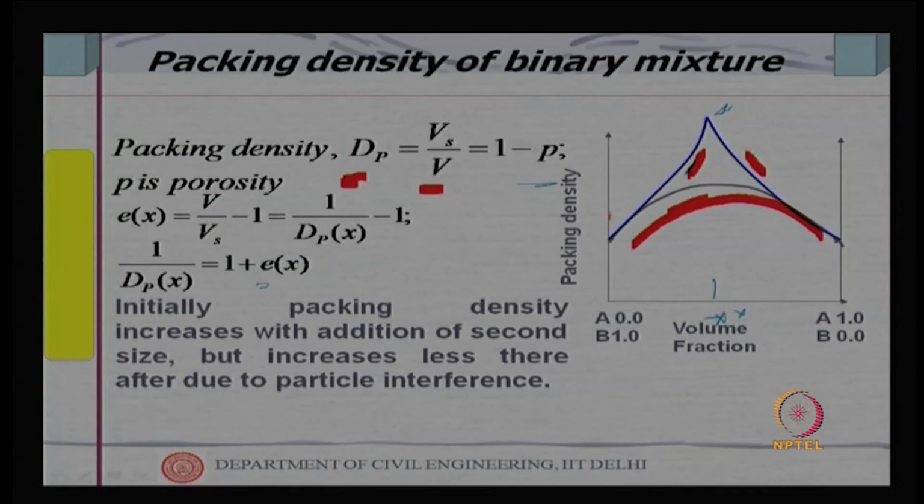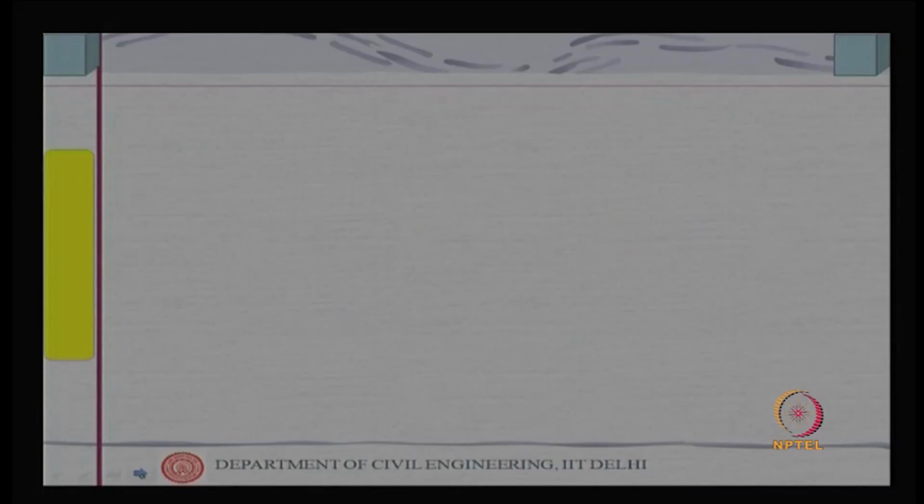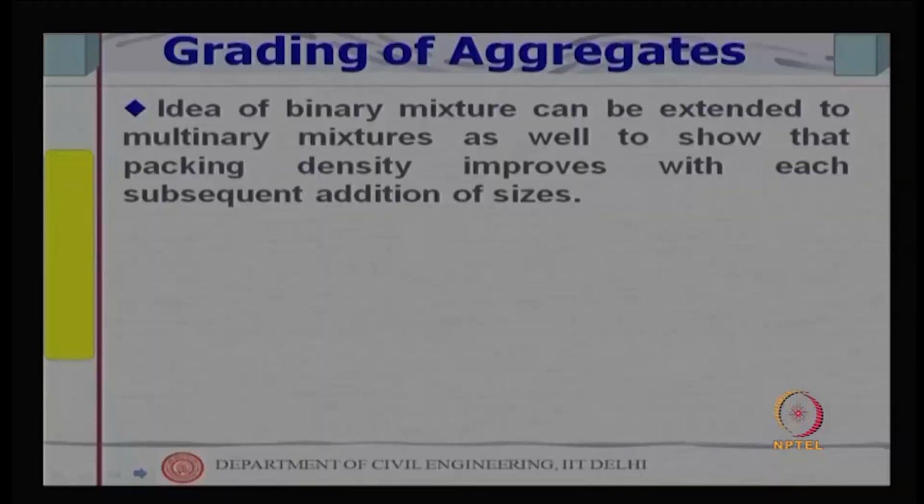As x increases, there is a peak, the peak of course remains the same at x star, which we have evaluated. So, the idea of this binary mixture is that if you mix two particles, packing density increases, not ideally, but in some manner, right, and it has a maximum at some proportion of the quartz fraction in the total.